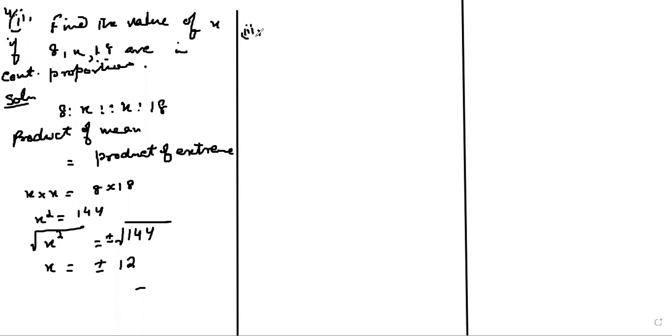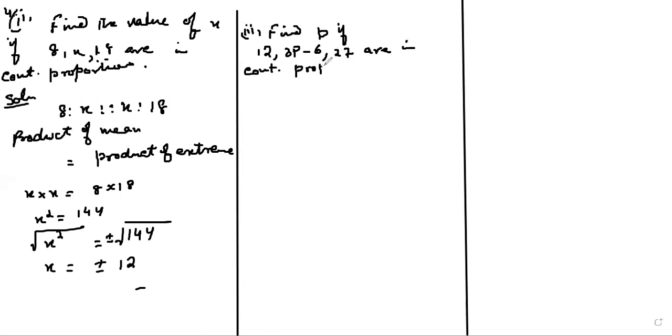The question is find P if these values 12, 3p minus 6, comma 27 are in continued proportion.